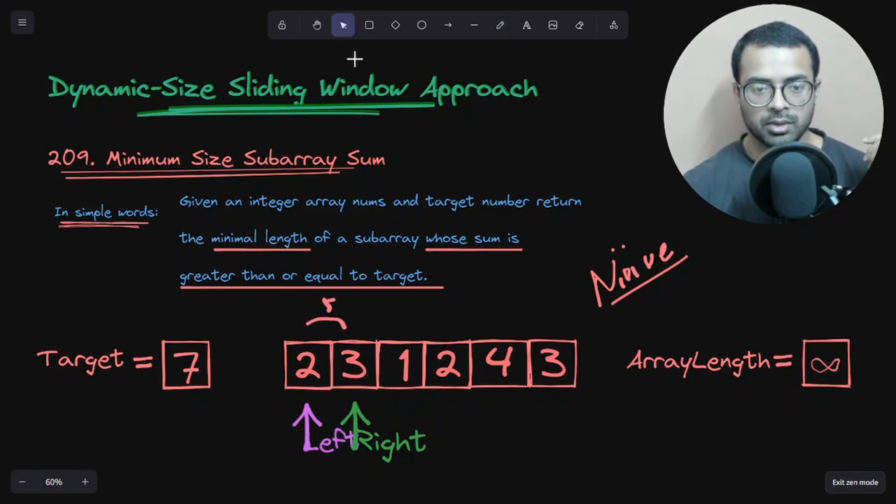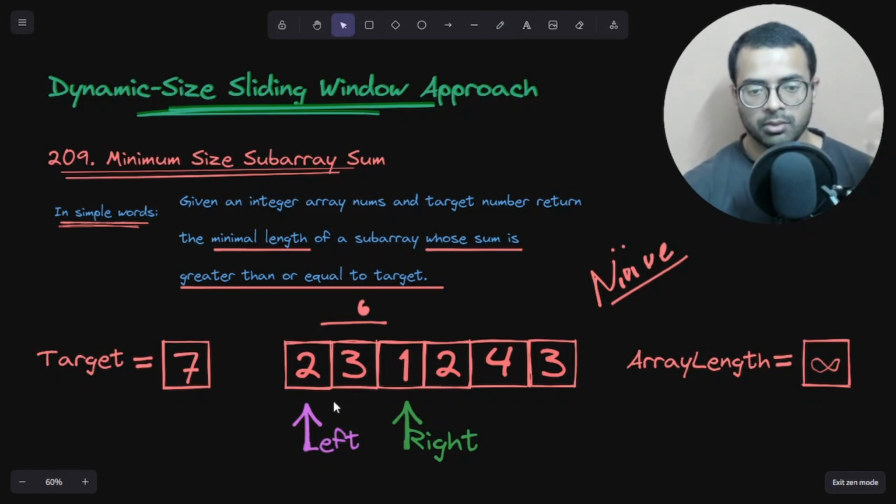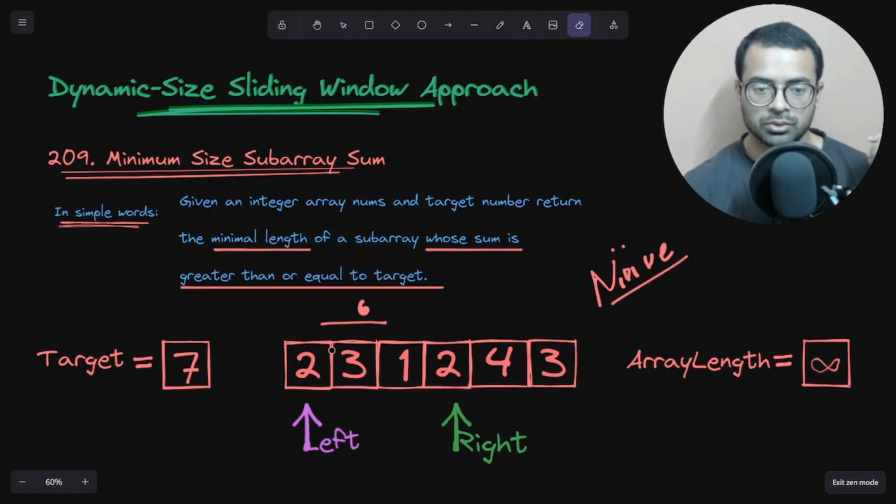So we are going to forward this right once more. Now the sum will be 6. Now still we are behind that target, so we will move this right further. So the sum will be 8. Okay, it's 5 plus 6 plus 2, so 8.